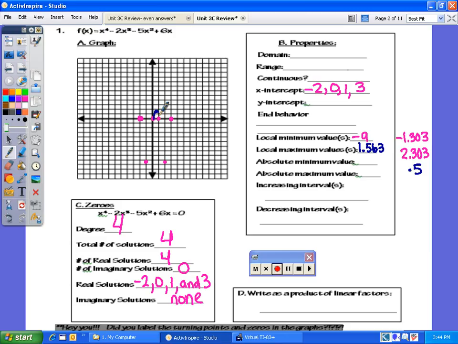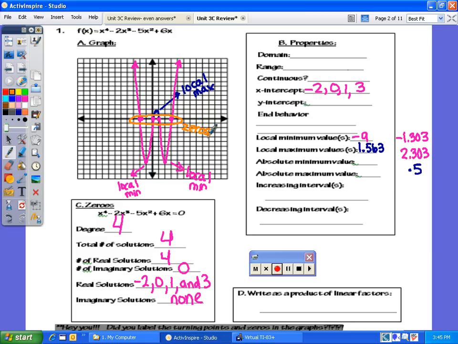And now I can just connect my dots. Notice how I'm labeling that as my local max. I'm going to label these as my local min, because that is what you will have to do tomorrow. And then I will just continue. Okay, you might also want to label these as your zeros.